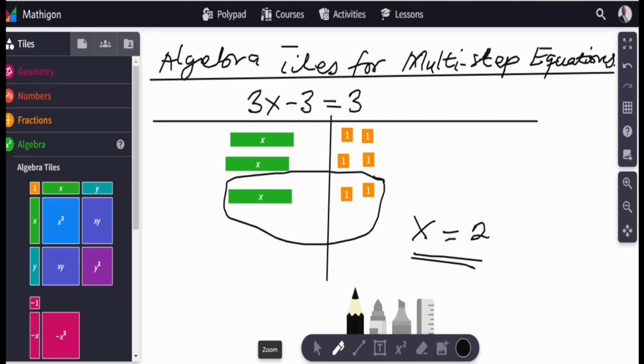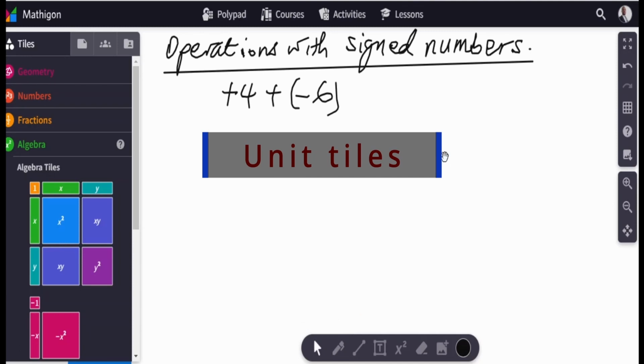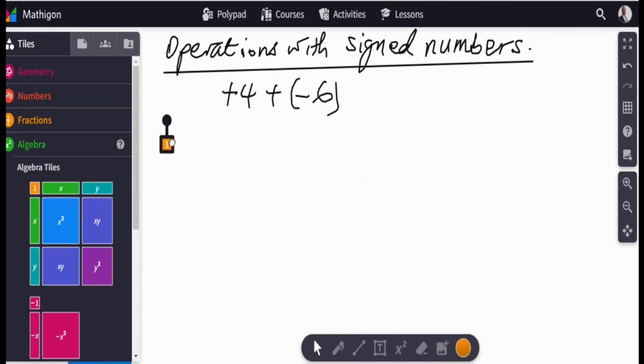We can also use algebra tiles to work with signed numbers. So let's say we are adding positive 4 and negative 6. And remember here we are using only the single tiles because we don't have any x.